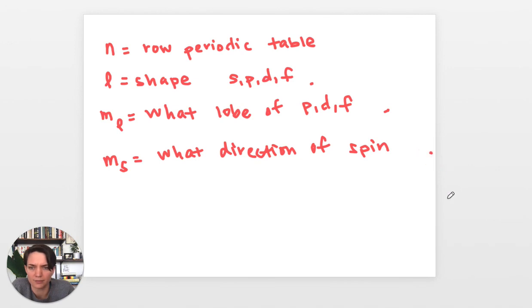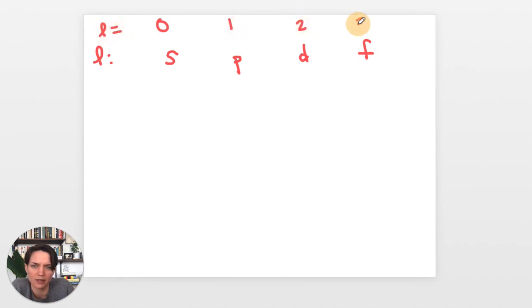That helps me break things down a little bit. Further, let's look at L, m sub L, and m sub s. L is really, is it an S, a P, a D, or an F orbital, corresponding to an L equals 0, 1, 2, and 3.